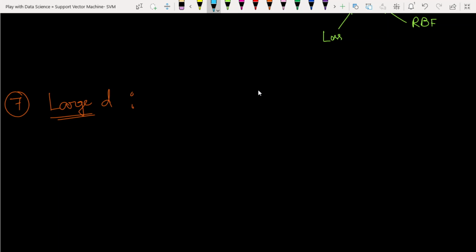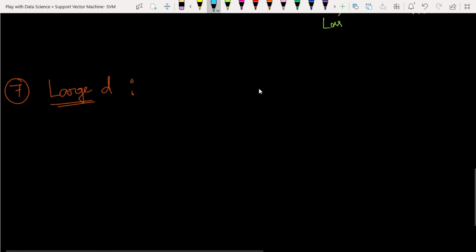So SVM is very good to handle large dimensions.